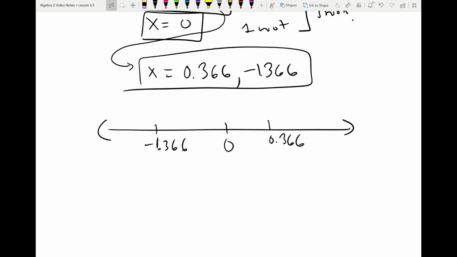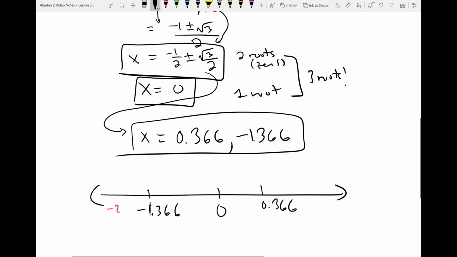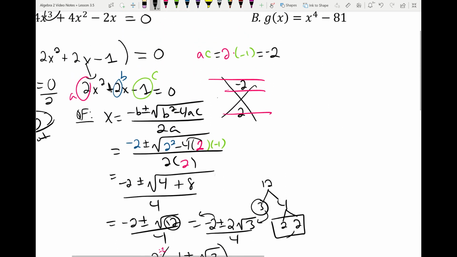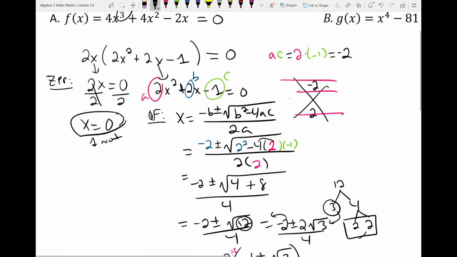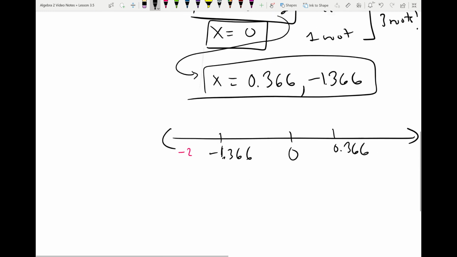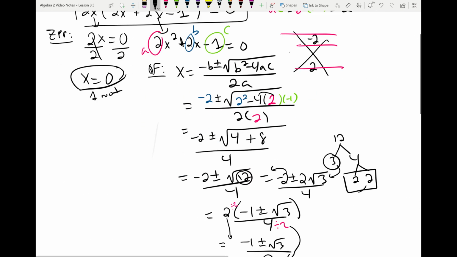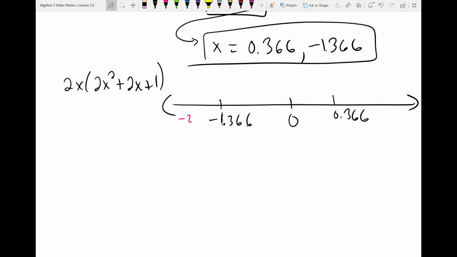So let's go ahead and use the number line to help us out. Let's plug in a number like negative 2, for example. Let's plug it into our original, but let's plug it into this one. I want to make sure that that's written correctly. That's a minus 1.